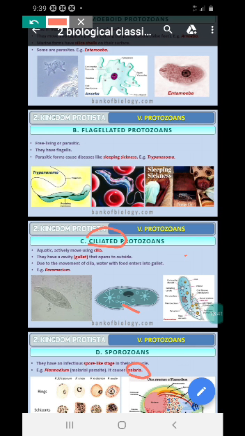What I am saying is, in this Plasmodium, it has many stages in its life cycle, and one of the stages is a spore-like form. That is why the name Sporozoans. Clear, children? That is the end of this Protistans.